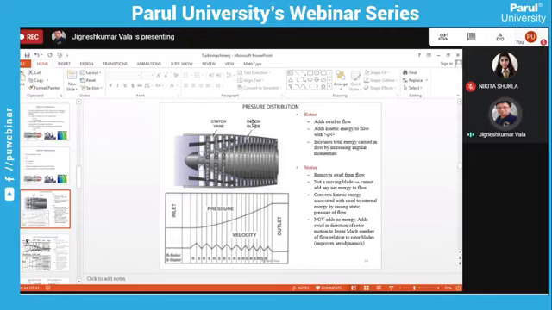Due to this, we can see the velocity in the rotor case increases. Look at this here, the velocity rises using the rotor blade. And what about the pressure rise? If we are talking about the rotor blade, the pressure increases.